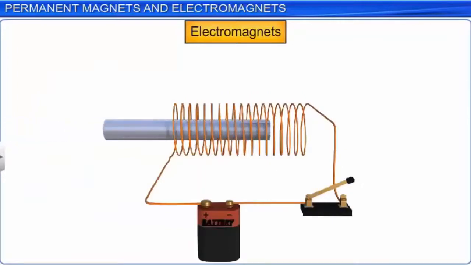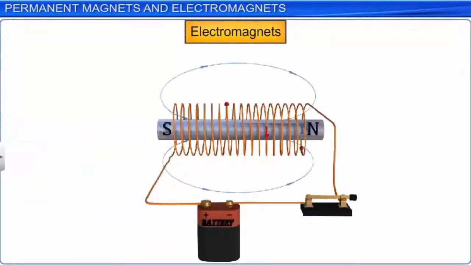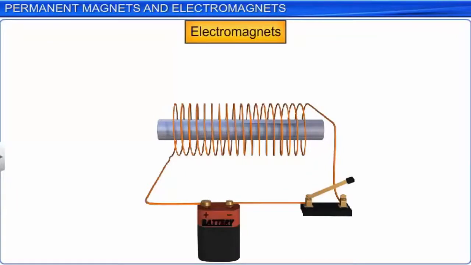The magnetism of the solenoid increases by many times due to the soft iron rod in the core of the solenoid. When the current through the solenoid is switched off, the magnetism due to the solenoid is also switched off because of low retentivity of soft iron. Thus, the electromagnets are referred to as temporary magnets.